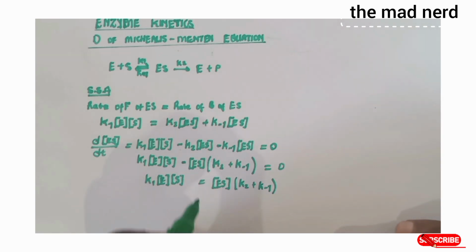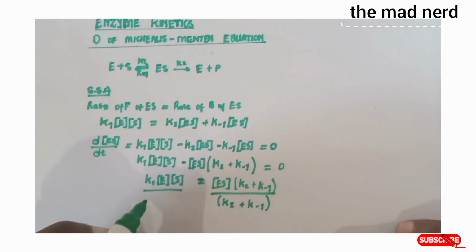And what you can just do now, we can just try to find the concentration of ES and make it the subject of the formula by dividing everything over here by K2 plus K-1, and then even this side we say K2 plus K-1.